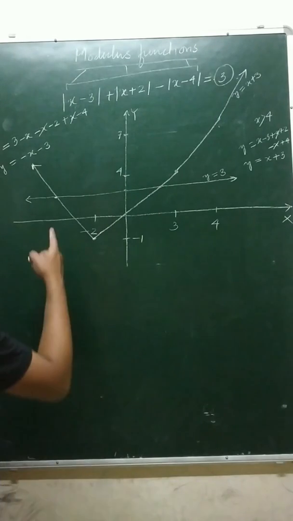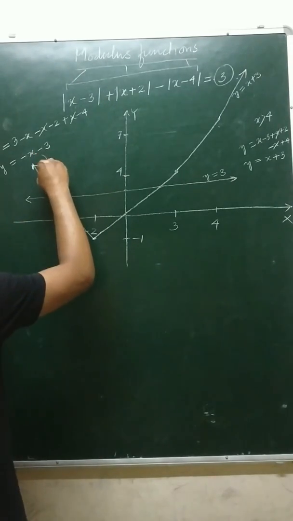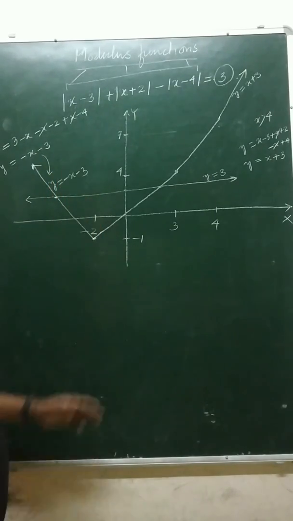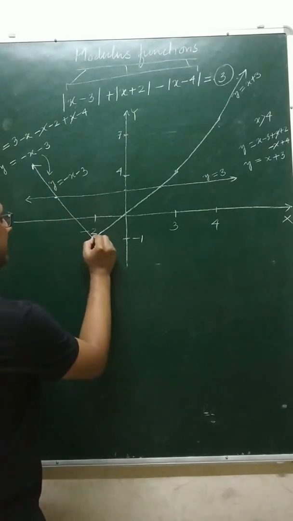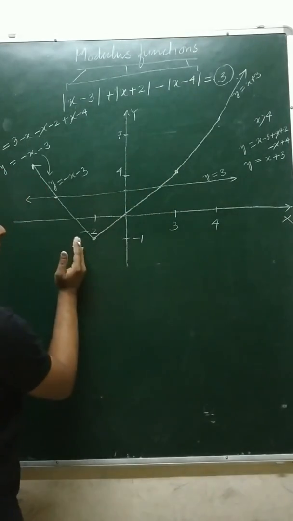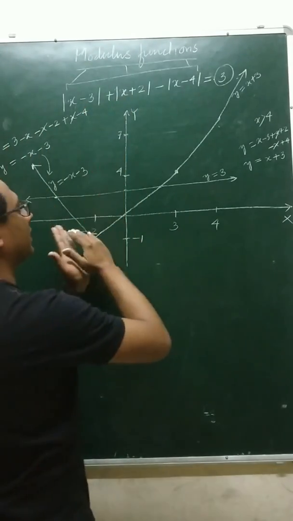For that, I already got the equation of this line as y equal to minus x minus 3. And I need the equation of this part of the graph, which is lying between minus 2 to 3. So we have to check the left hand side between minus 2 to 3.